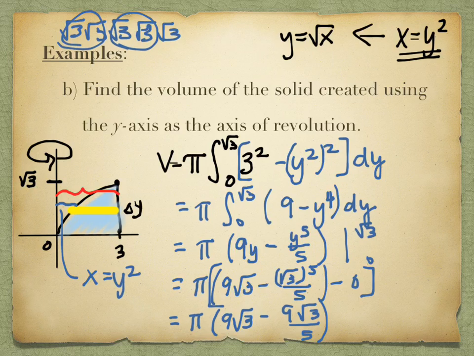So there's the 3 times the 3, showing up on the top of the screen if you're following. Those are each 3, and then I've got the square root of 3 at the end. So I've got 9 square roots of 3 still over the 5. If I get a common denominator, it would be a denominator of 5. So this piece down here would become a 5, and the 9 would become a 45. So what's 45 minus 9? 36. So I have 36 square root of 3 over 5 pi.